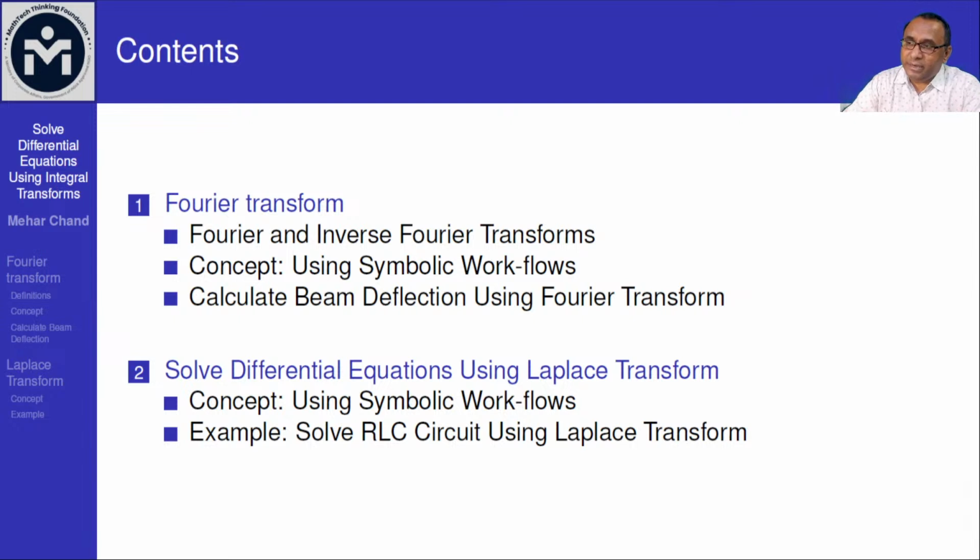Then we will calculate beam diffraction using Fourier transform. This is one example. And in the second part, we solve the differential equation using Laplace transform. First, we will discuss the concept by using the symbolic workflow, and then we will present one example, solving an RLC circuit using Laplace transform.